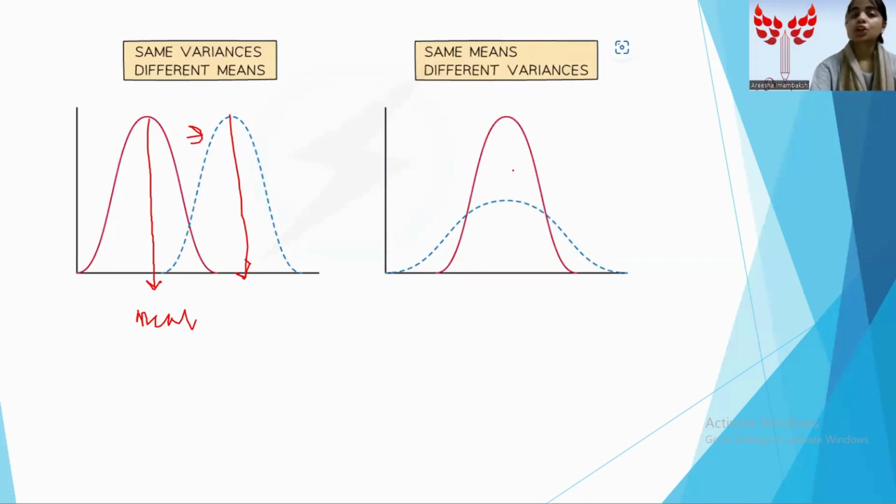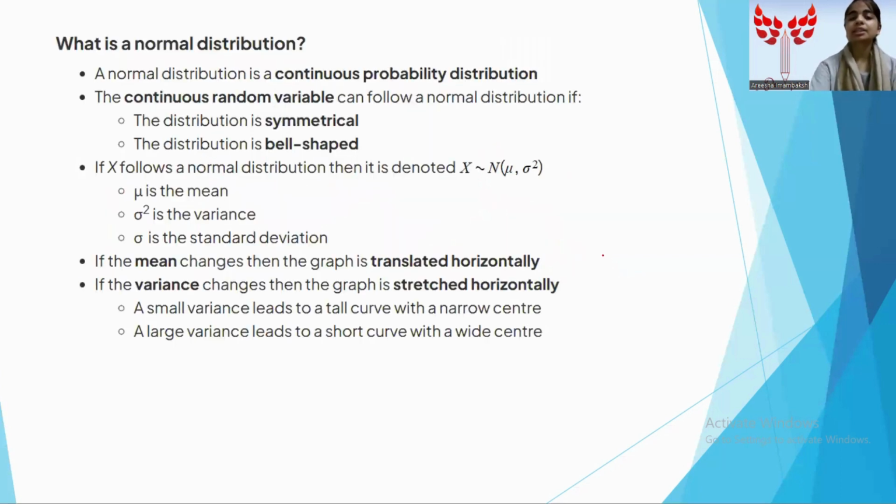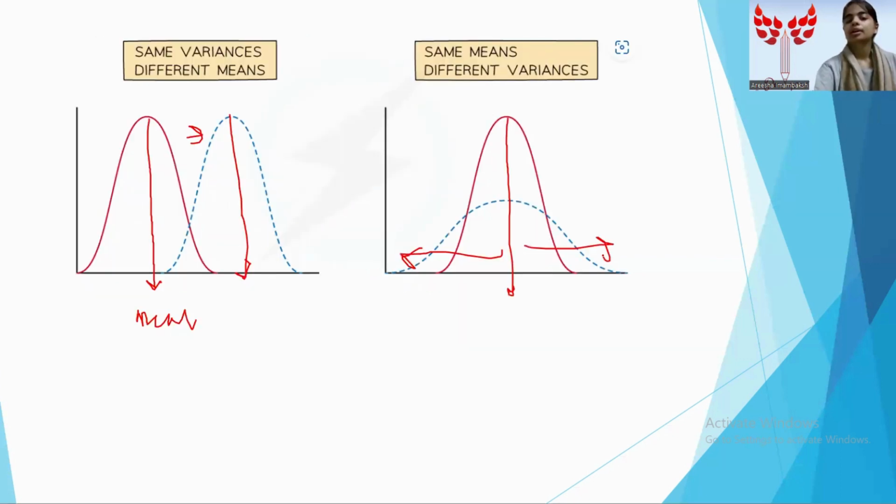In this case, you can see the mean has remained the same, but now the values are more spread from the mean. This means the variance has increased. A large variance will lead to a wide curve and a small variance will make it narrow. This has made it wide, and here it was narrow.